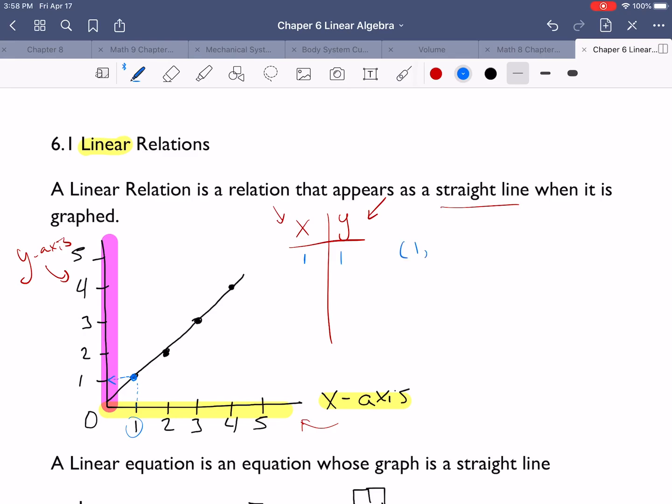That coordinate looks like this, if you remember. And if we go up to this dot here, it's 2 for the x, 2 for the y, and so on, 3 and 3, 4 and 4, 5 and 5, so on and so on, all right? And that just creates a line.